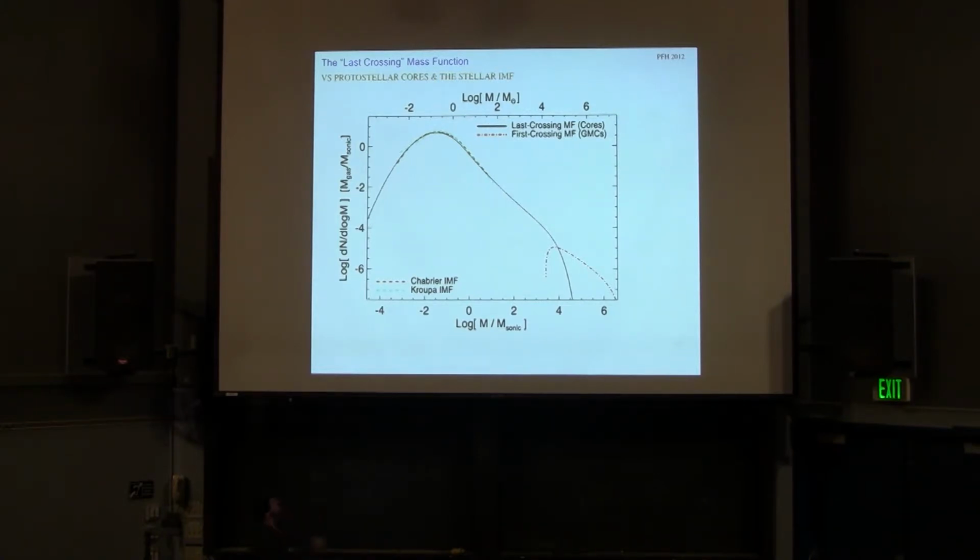And then what causes the turnover? Well, at some scale, this sonic scale, turbulence becomes less important than thermal pressure. If I average on very small scales, about 1/10 of a parsec, say, in a molecular cloud, the thermal pressure starts to become bigger than the ram pressure in turbulence. What does that mean? It doesn't mean that thermal pressure suddenly becomes much more powerful at resisting gravity, but it means that turbulence suddenly becomes much less good at producing large density fluctuations.